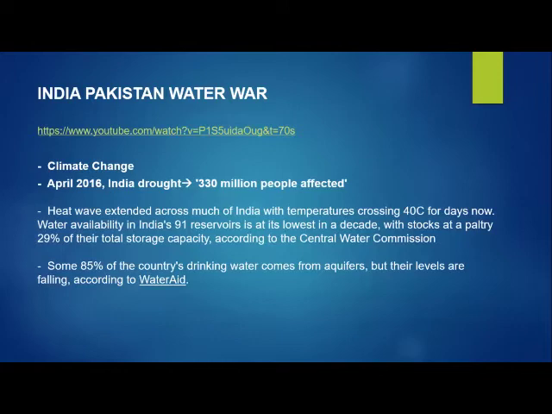There was a huge heat wave, and temperatures soared higher than 40 degrees Celsius for days. The water availability in 91 of India's reservoirs was at its lowest levels, so there wasn't much storage capacity.